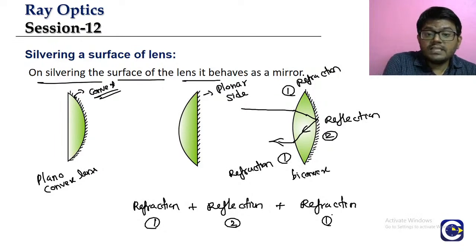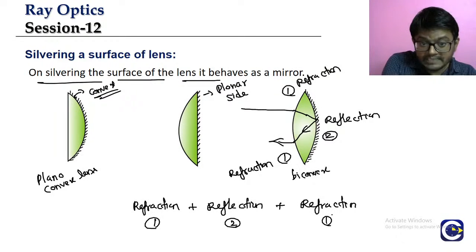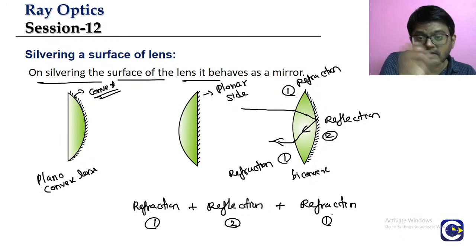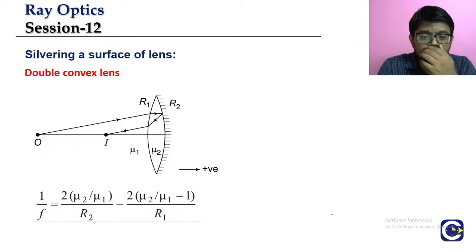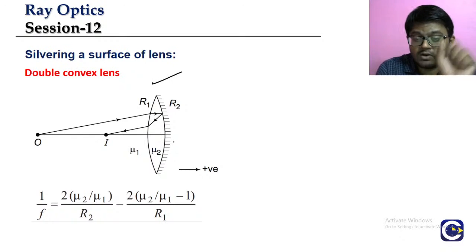Okay, now the thing is, how do we find the image formation because of this particular lens? We are not talking about the plain lens now, we are talking about the lens which is already covered. One surface of the lens is covered by silver or some paint. For this, let us take the case of a biconvex lens.